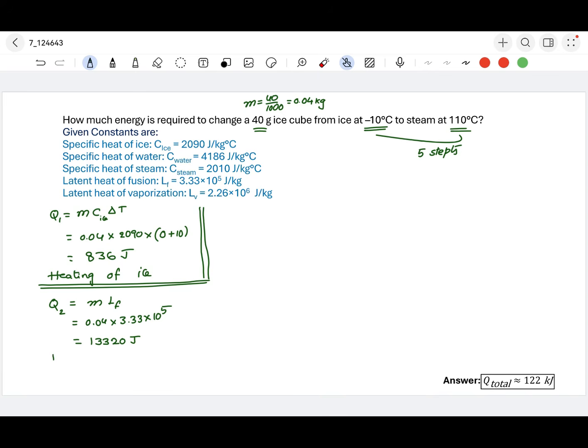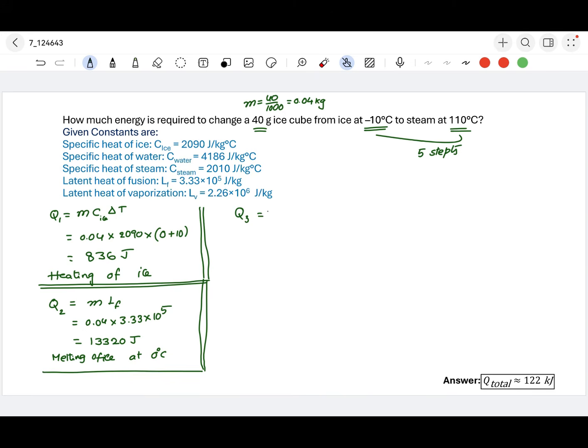This is the melting of ice at 0 degrees. The story is happening at 0 degrees. Finish.